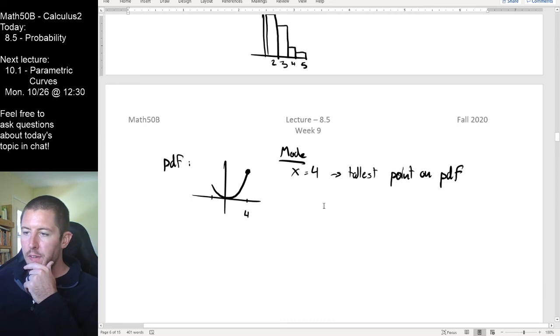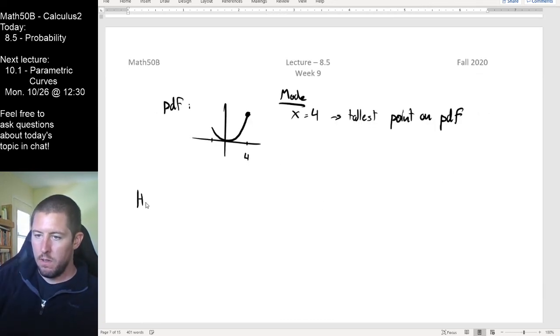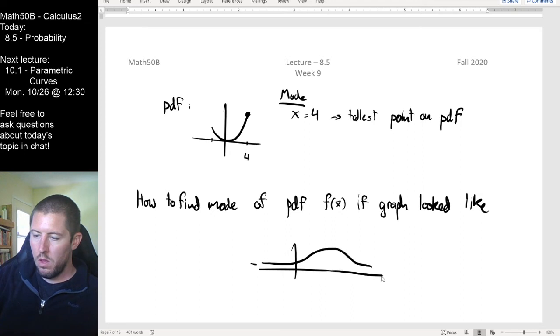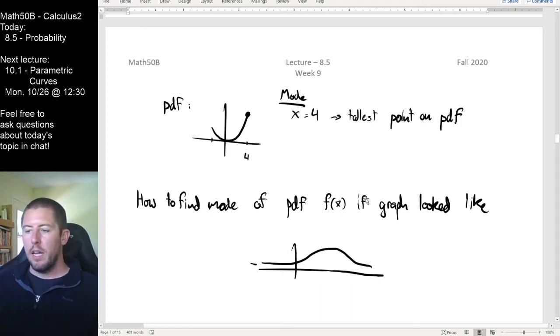Well, what would happen if we were to flip this guy? All right, so what if we got something that wasn't concave up and was instead more like concave down here?